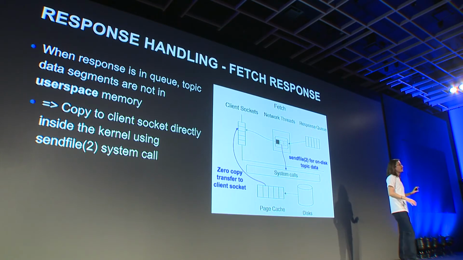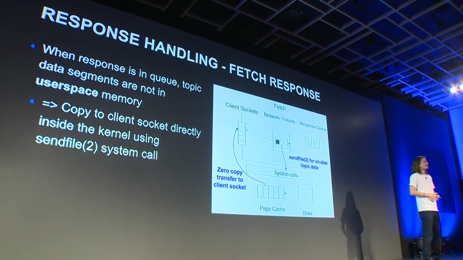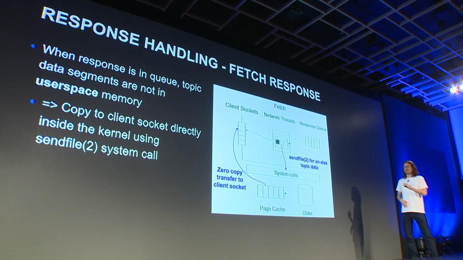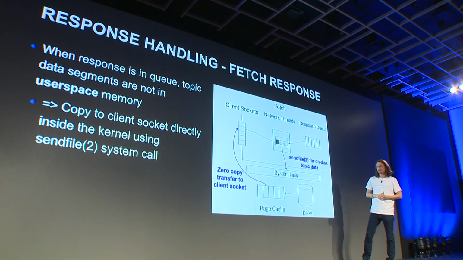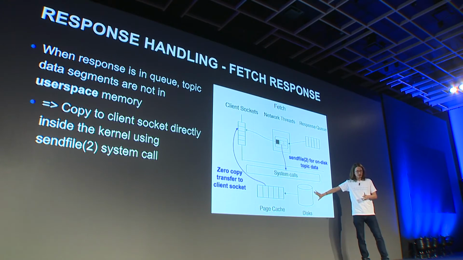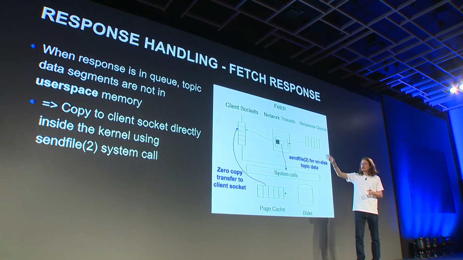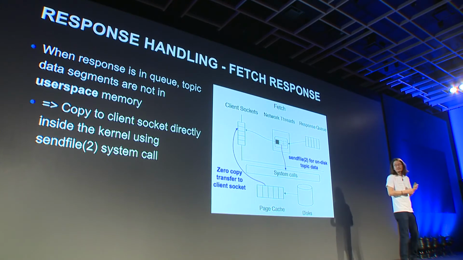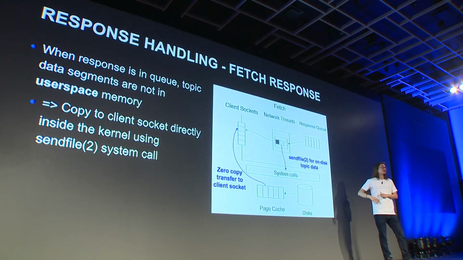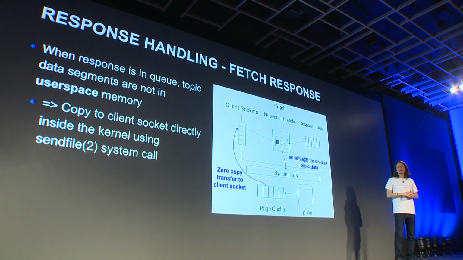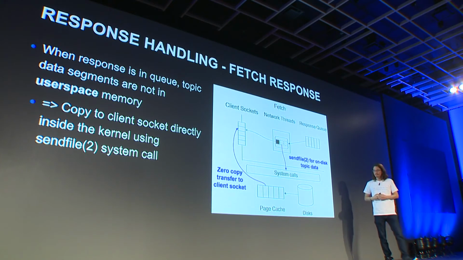For that, the broker uses the sendfile system call, which is available in Linux. It directly copies data from the local disk, and because the memory is copied only once in user space, we can prevent the overhead. So it's extremely efficient, and that's what we found out.